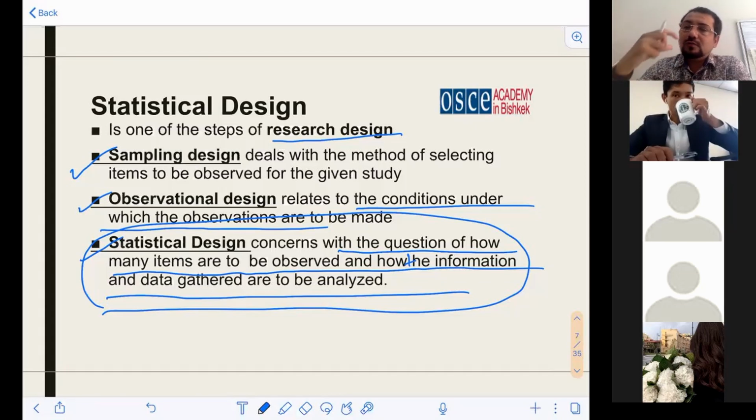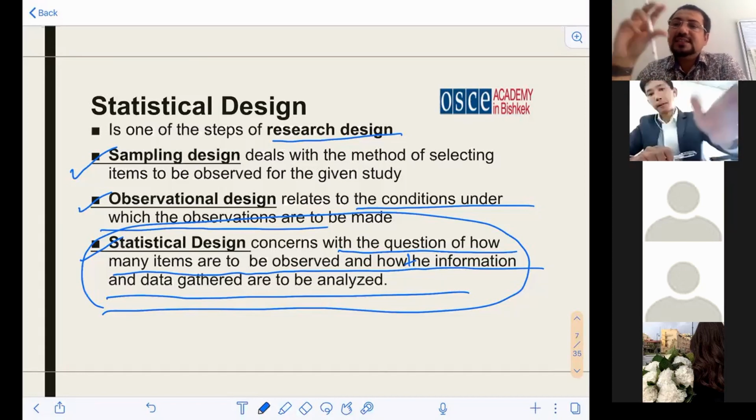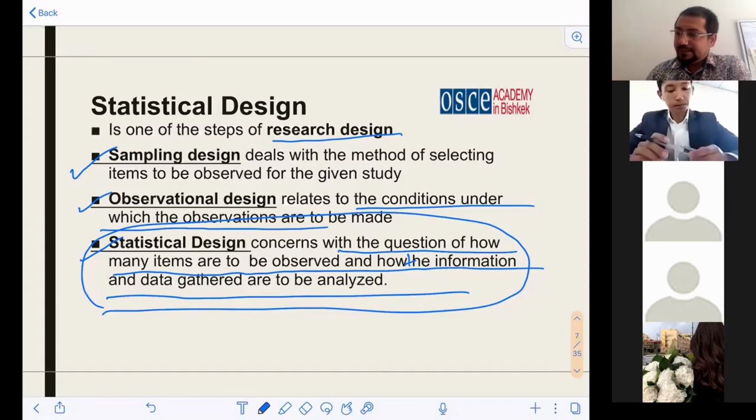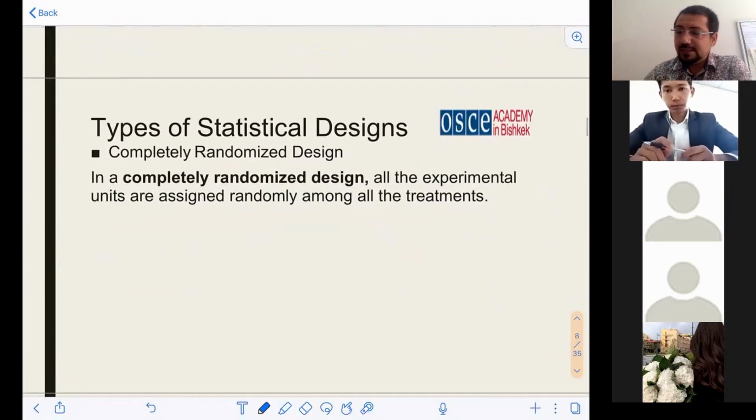So depending on the size of your data, you have to select your methods of analyzing that data accordingly.